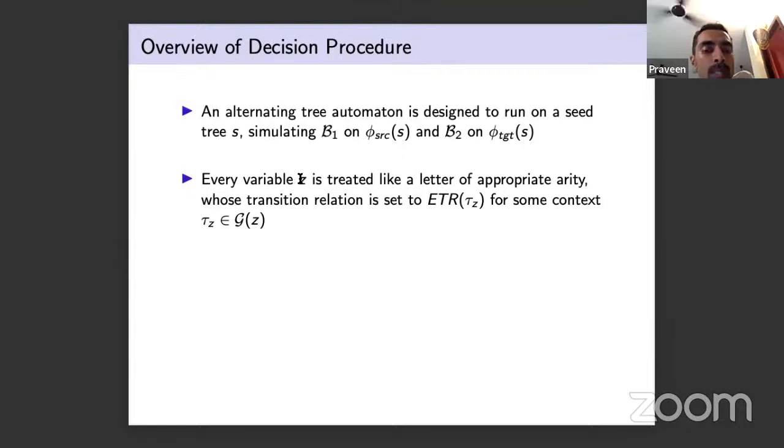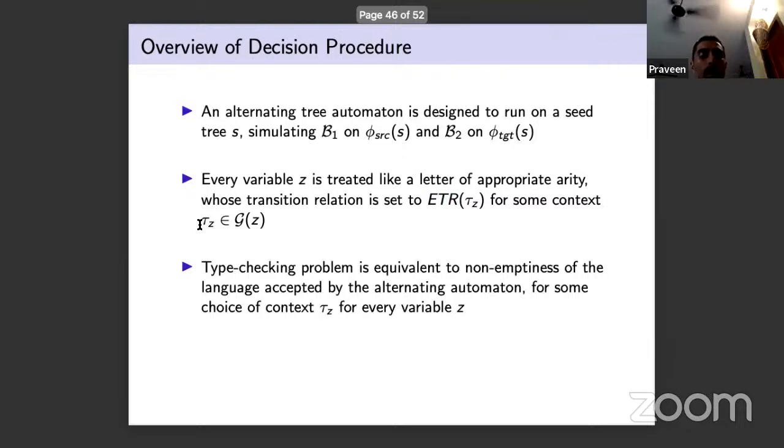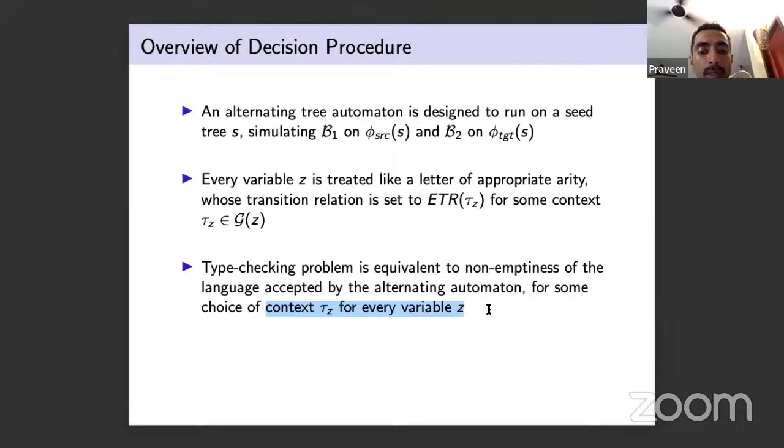Then every variable Z is treated like a letter of appropriate arity, whose transition relation is set to some extended transition relation tau Z for some arbitrarily chosen tau Z. Now the type checking problem is equivalent to non-emptiness of the language accepted by this alternating automaton for some choice of context tau Z for every variable Z. As I have already said, the choice of this tau Z is arbitrary, so we have to exhaust all the possibilities of the extended transition relations.